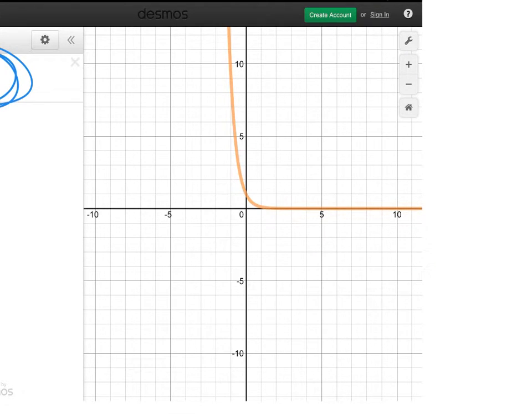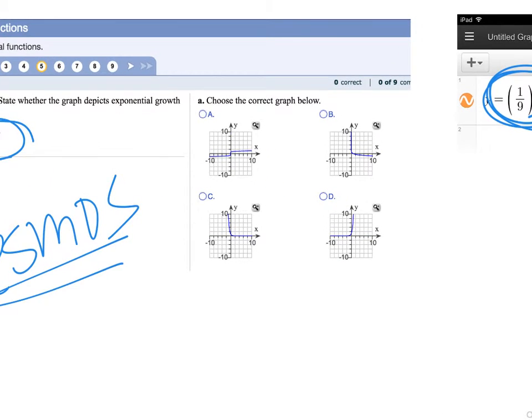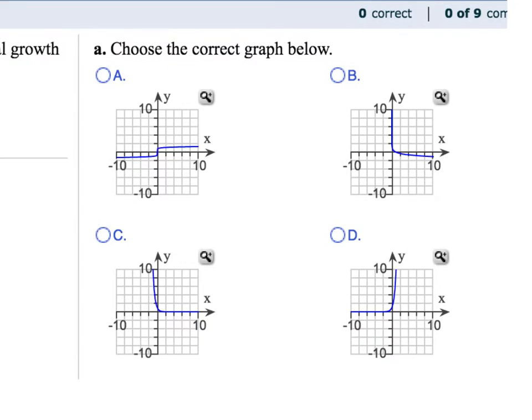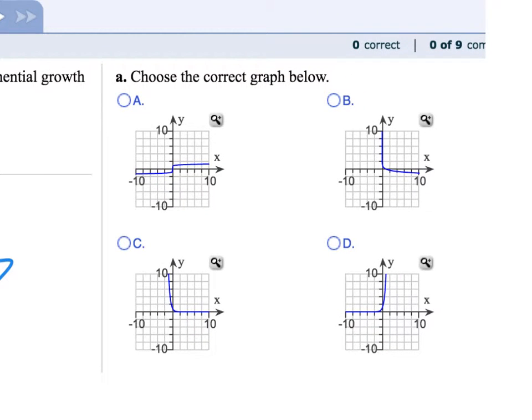It doesn't go down. It stays above that x-axis, and really it looks like it turns into the x-axis. It just becomes microscopically close. If I were to zoom in, this line would separate from the x-axis. So what is my answer? Well, the answer is going to be C.